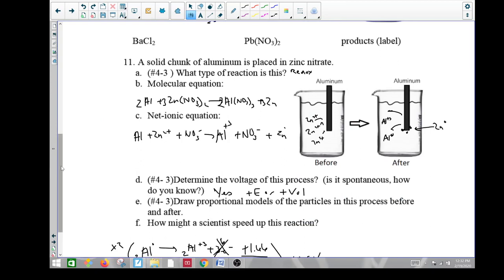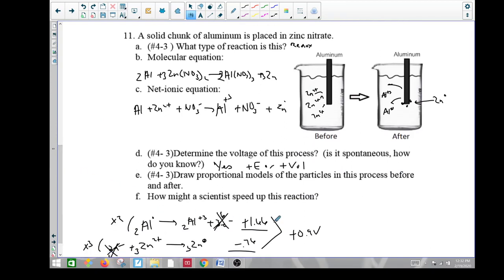How might the chemist, scientist, person speed up this reaction? Well, if you were to grind up the aluminum, you would get a much faster reaction. You could add a catalyst.